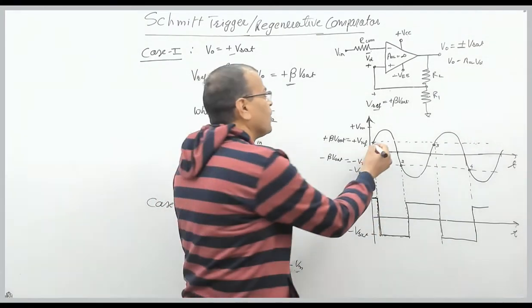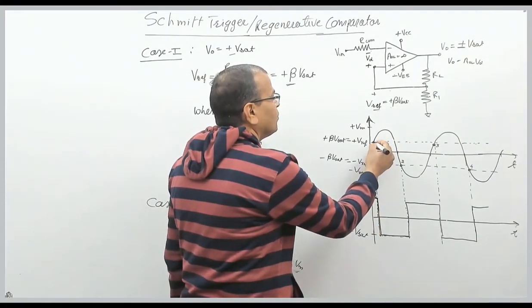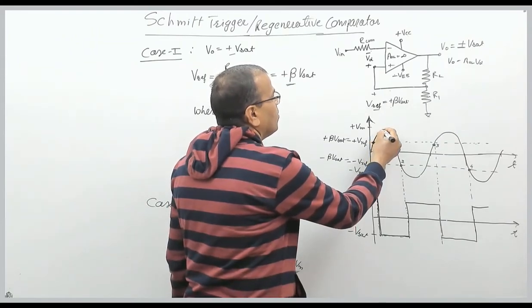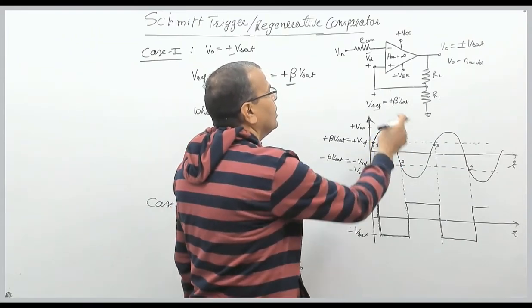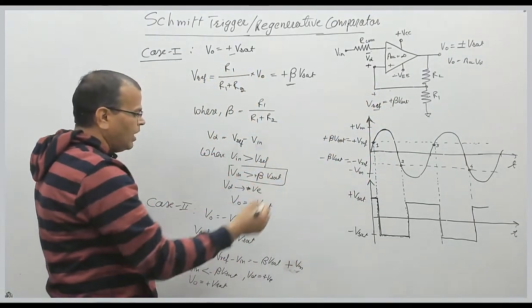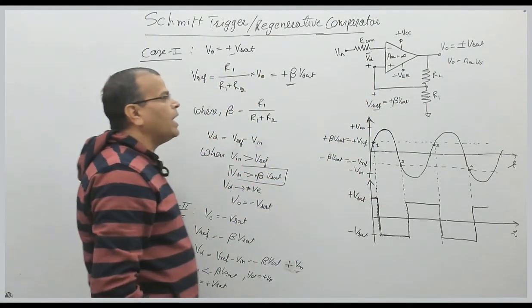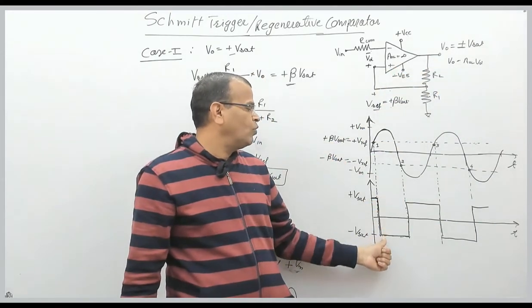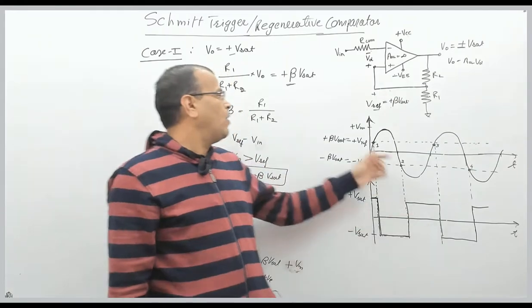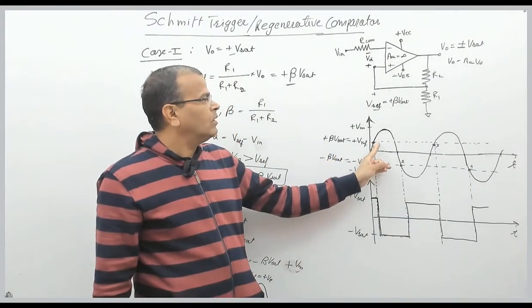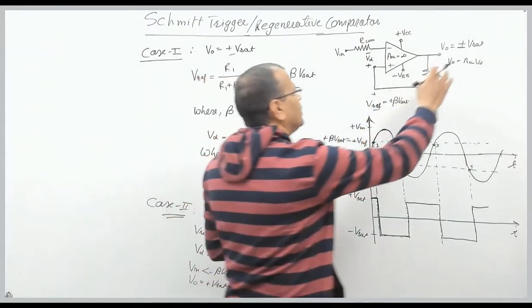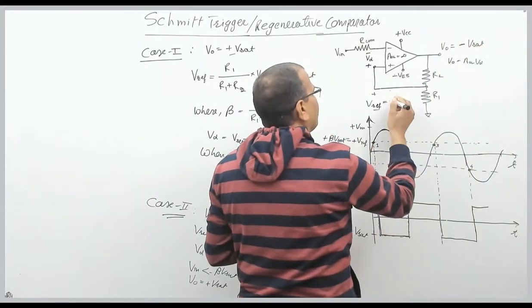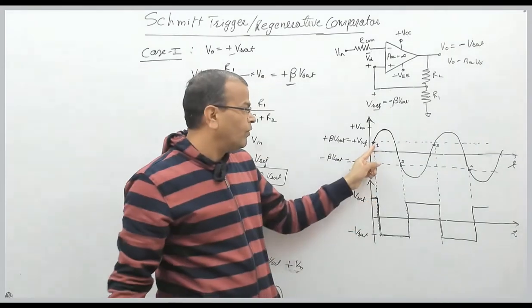So from this instant onward, that is this point 1, my reference has changed. This reference voltage has changed, and that is case 2. Why? Because my output has changed from plus V set to minus V set. So now my output voltage is negative and the reference voltage is negative from this point onward.